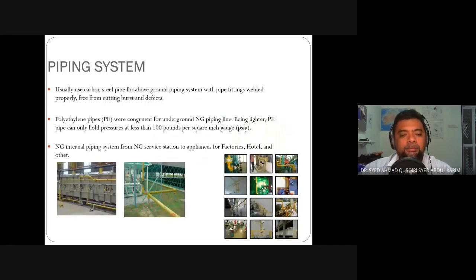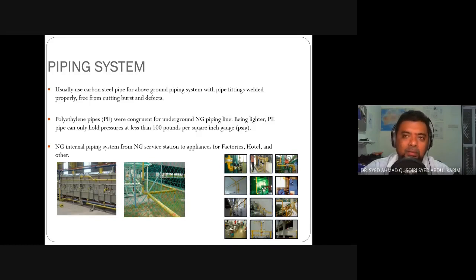And then, of course, the piping system. They will be using steel pipes for an above ground piping system. These pipes are welded or fitted together. Polyethylene pipes are used especially for underground natural gas pipelines. This is because when reaching the consumer, especially the residential consumer, the pressure of the natural gas is very low.